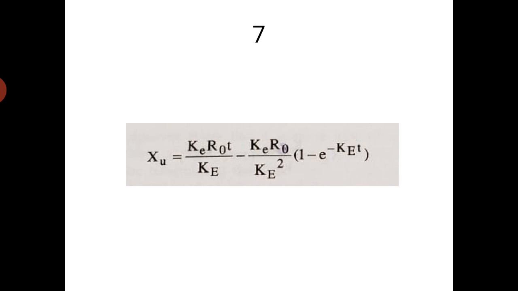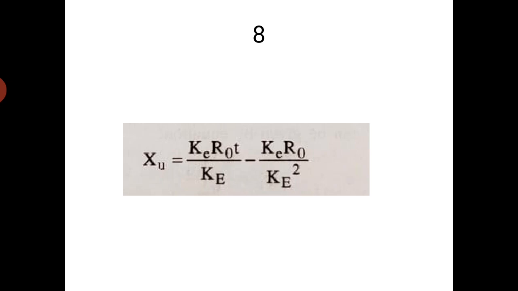So even without reaching an infinite time, during the administration itself, once it attains a steady state concentration, the term e raised to minus Ket becomes negligible. So finally, what happened to the equation? Xu is equal to Ke R0 t divided by Ke minus Ke R0 divided by Ke square.